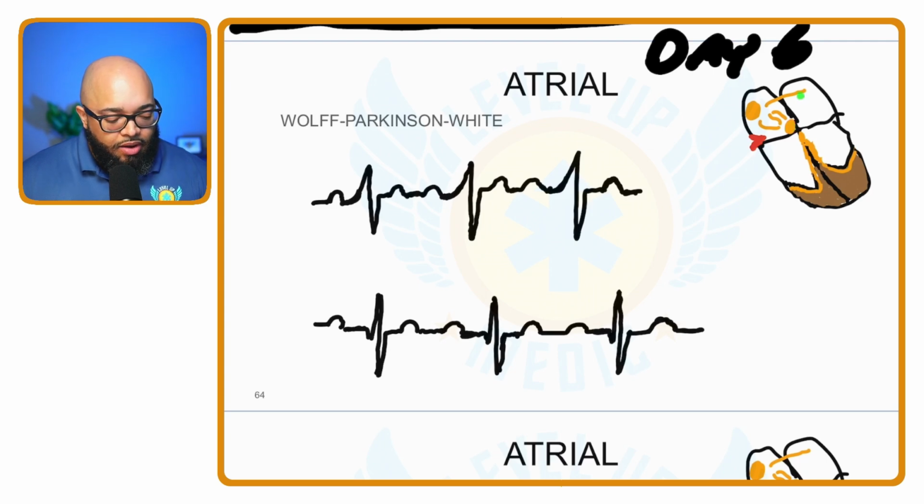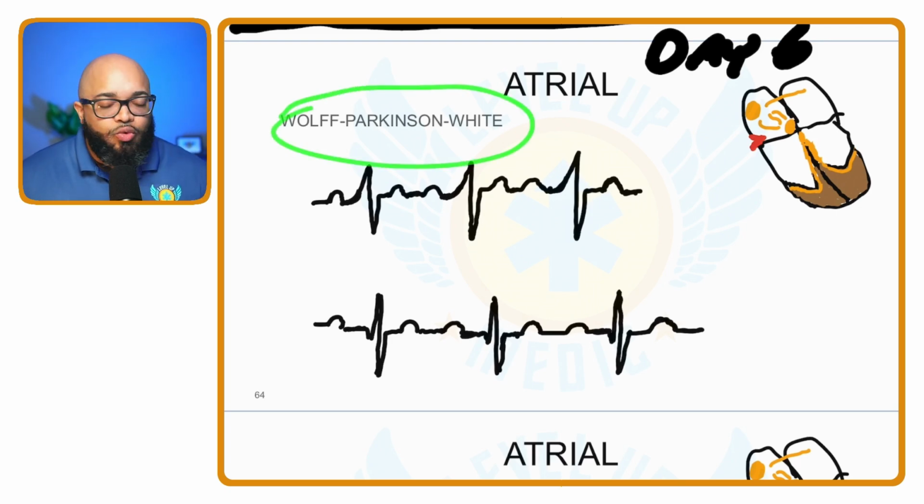We talked about how in A flutter, we have primarily one pacemaker site. That's why you have those flutter waves that all look the same, and then eventually a signal goes through. However, in AFib, we have multiple pacemaker sites, primarily in the left atrium. Now we're still in the atrium, but we're going to talk about a different spot.